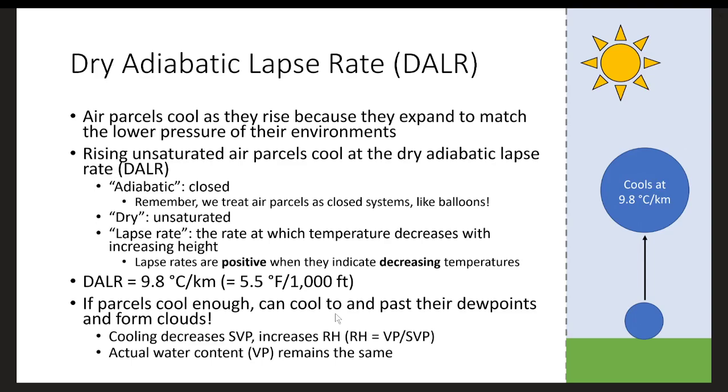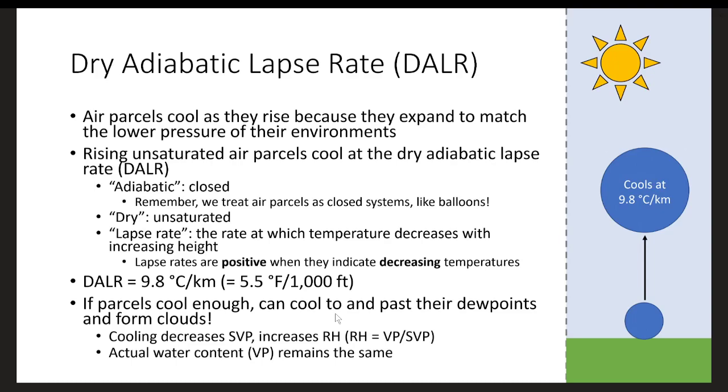If parcels cool enough, they can cool to and pass their dew points and form clouds. True. So cooling decreases the saturation vapor pressure. Remember that vapor pressure over saturation vapor pressure is the relative humidity. So if you decrease the saturation vapor pressure, it takes less water vapor in the air, VP, to reach saturation.